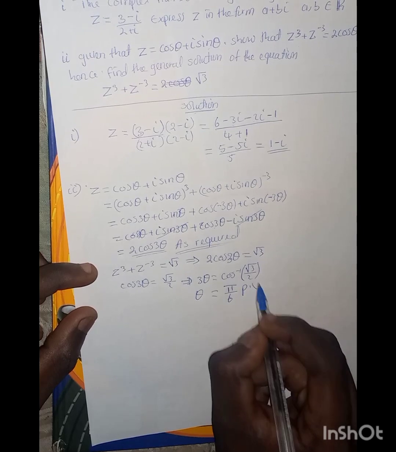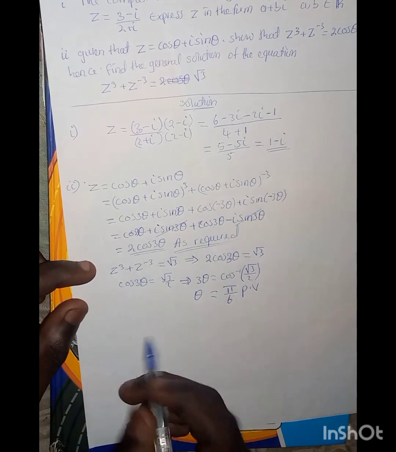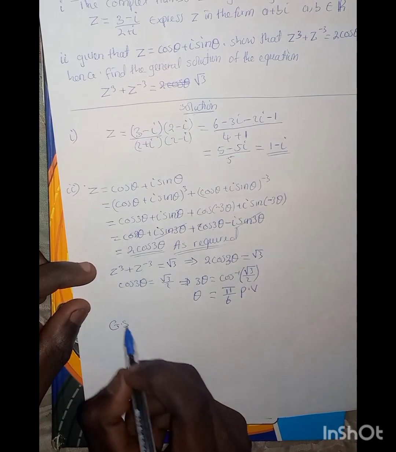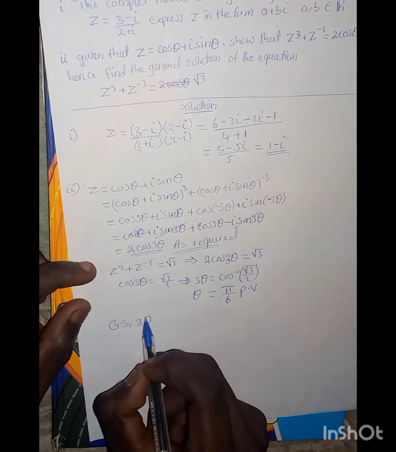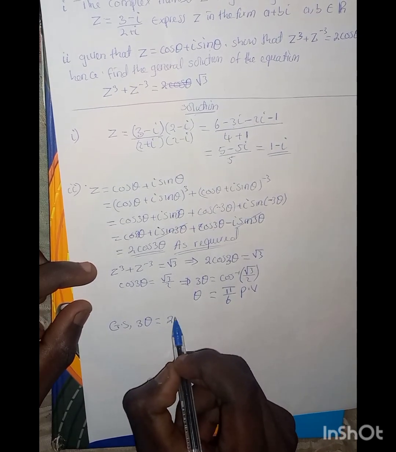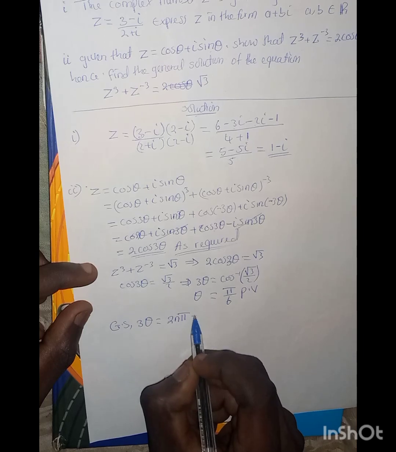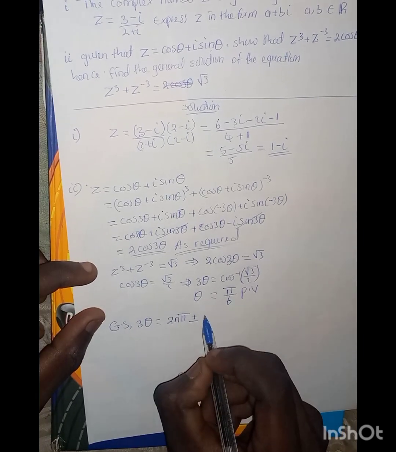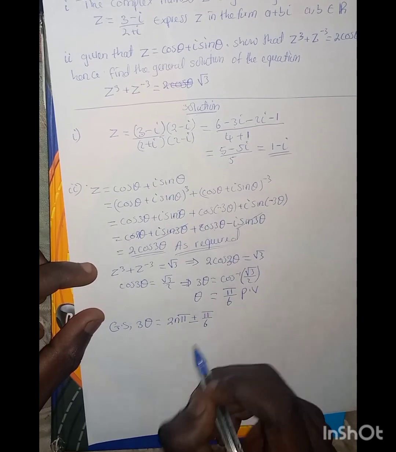That's my principal value. So to get the general solution now, the general solution of a cosine function is given as 3 theta equal to 2n pi plus or minus the principal value, which is pi over 6.